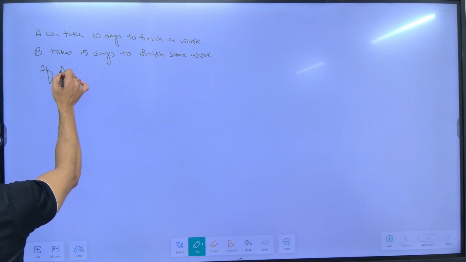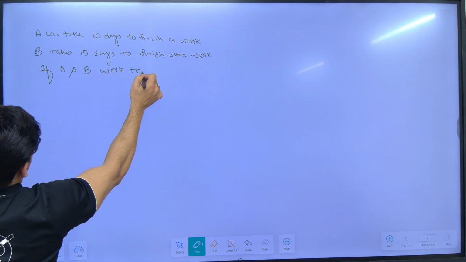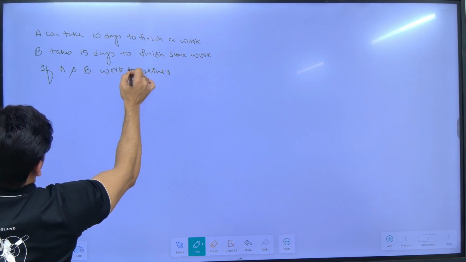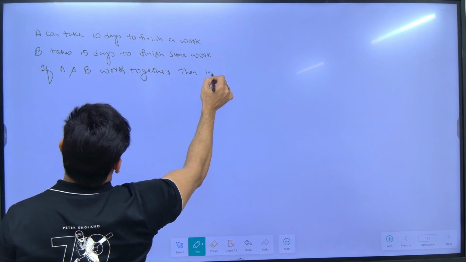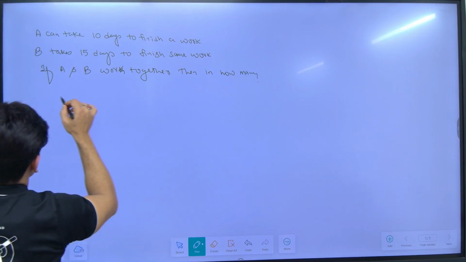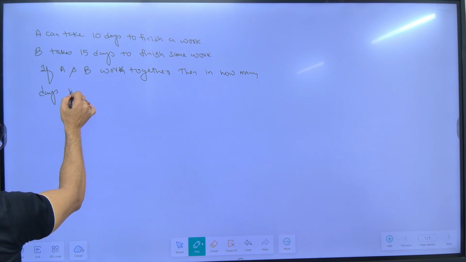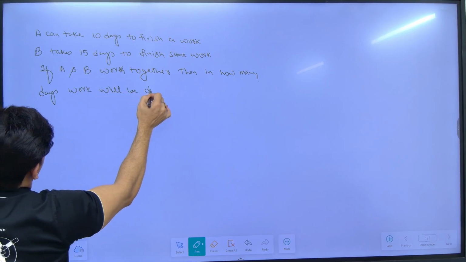If A and B work together, then in how many days will the work be done?